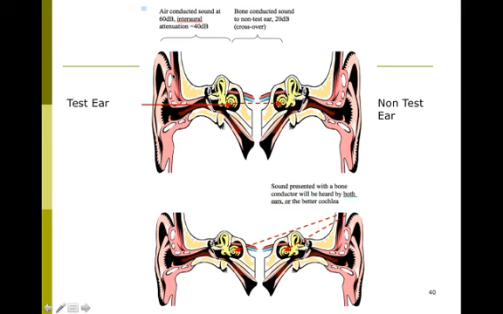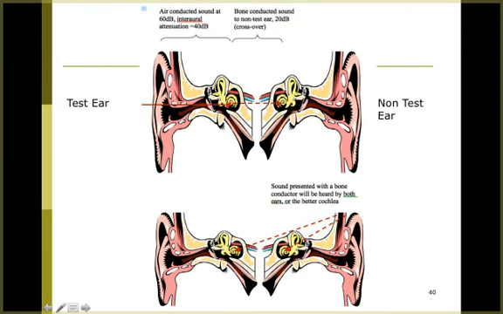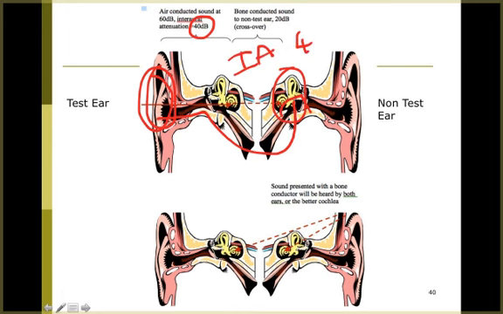If you're using supraoral headphones to test air conduction, the interaural attenuation for headphones is around 40 dB. In other words, there is a loss of 40 dB when sound presented to one side goes to the other side. As I said, crossover happens through bone conduction, so the sound that travels from one side to another actually directly reaches the cochlea. So with supraoral headphones, the IA is 40 dB.